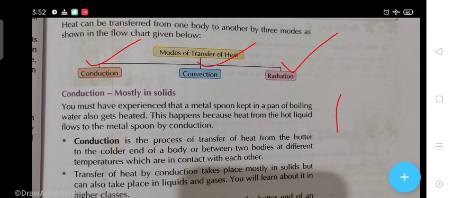So first, if we talk about conduction, it happens mostly in solids. You must have experienced that a metal spoon kept in a pan of boiling water also gets heated, and this happens because heat from the hot liquid flows to the metal spoon by conduction.